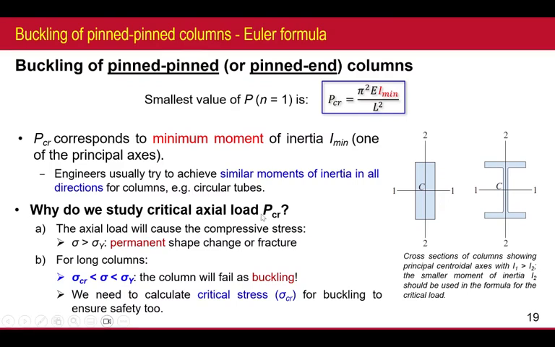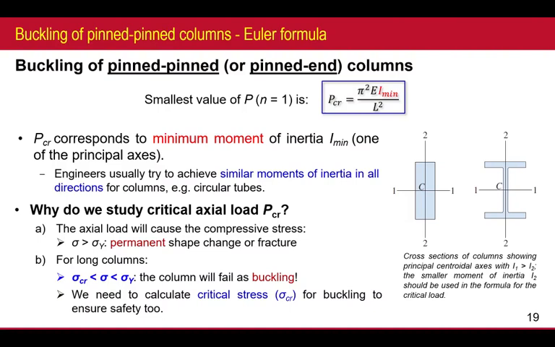Why do we care about the critical values? There are two conditions. For most materials we design, if the stress is higher than the yield stress, bang, it breaks. So the yield stress is the critical value for design in most cases.